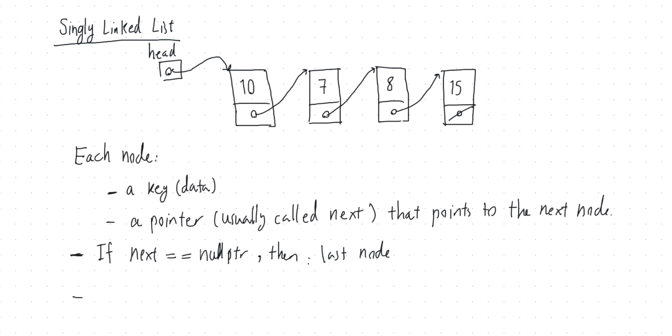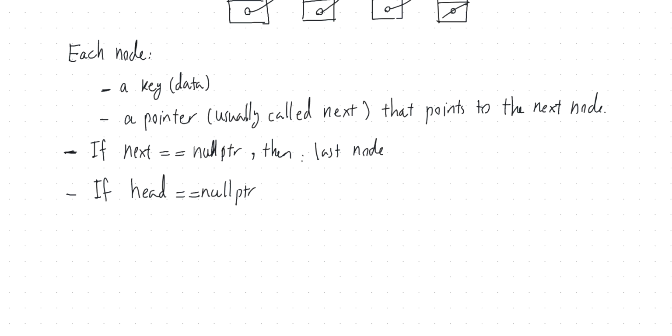So head points to nothing, and that means that head is a null pointer. So if head is a null pointer, then the linked list is empty, which means it doesn't have any node. Okay, simple observations.